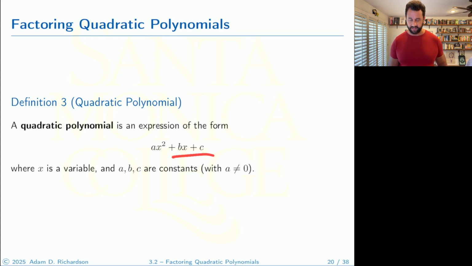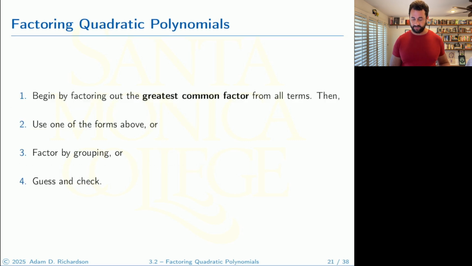You've just got like a linear expression at that point. So the thing is that not every quadratic polynomial is a perfect square trinomial or a difference of squares or a sum of squares. They don't all have that structure. This is a very general structure. So the question is, how do we factor that? If we can factor it further, right?